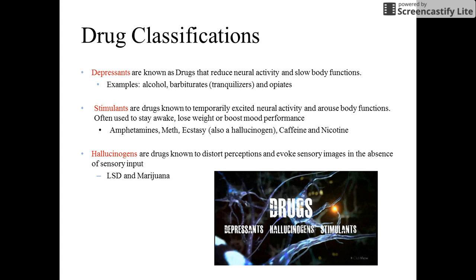Methamphetamines, meth, ecstasy, also a hallucinogen category as well, and caffeine and nicotine are various stimulants. And then hallucinogens are known to distort perceptions and invoke sensory images in the absence of sensory input. So LSD and marijuana are 2 hallucinogens. Also, ecstasy can also fall under a hallucinogen as well. So know the 3 different categories and the classifications, and know examples of the different drugs in those classifications.